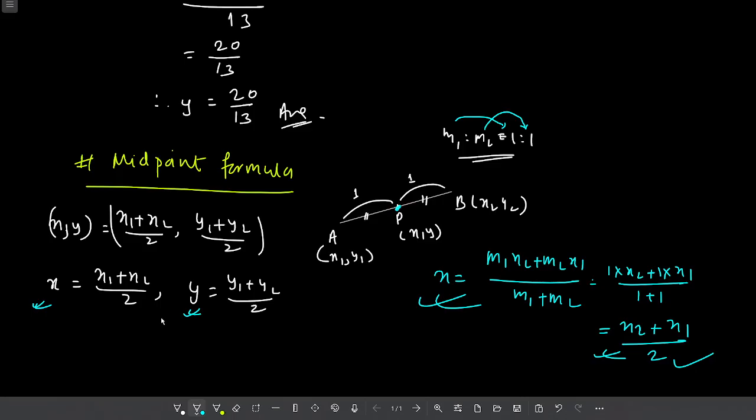So the x component can be obtained as x1 plus x2 over 2, the y component as y1 plus y2 over 2. Or if you are directly asked to find the midpoint between 2 points, then we can use the first formula also. x comma y equals x1 plus x2 over 2, y1 plus y2 over 2. So either you can use this or this.